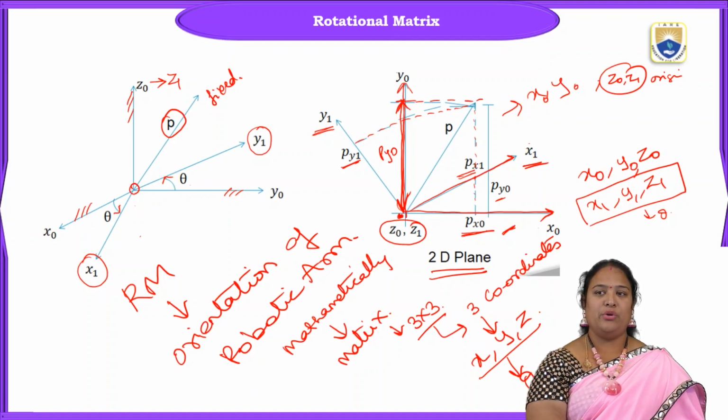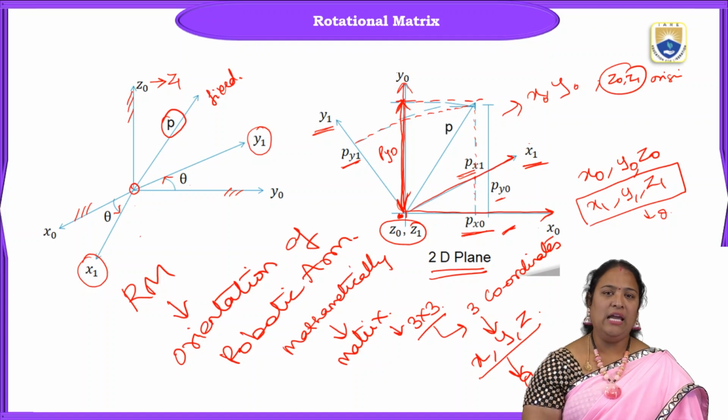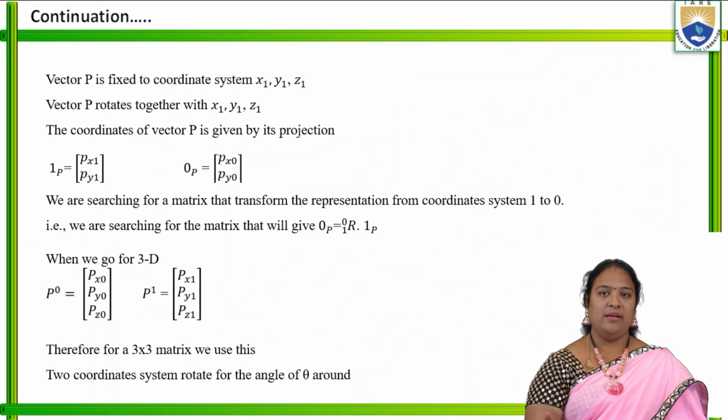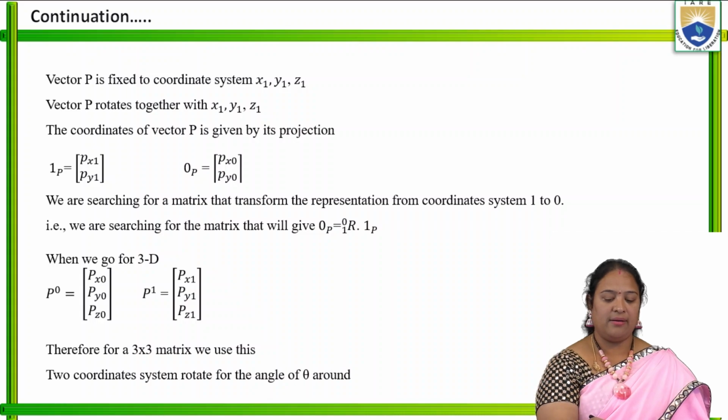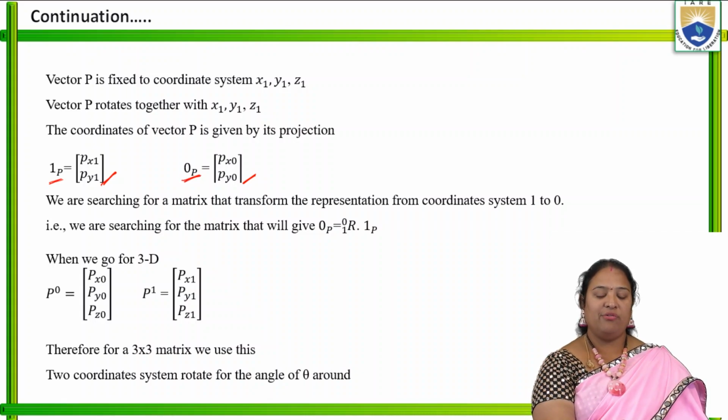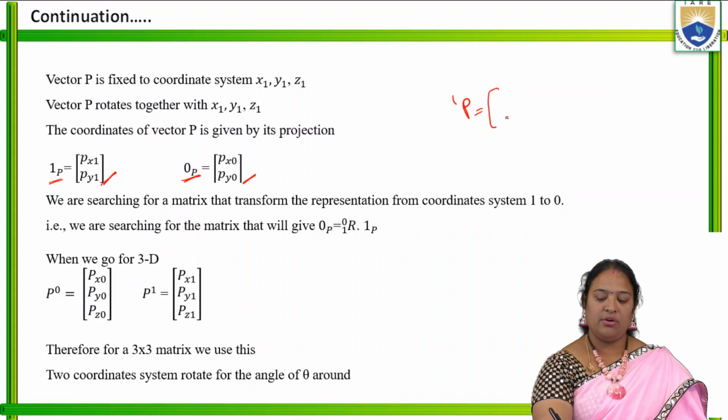Now, for this two-dimensional matrix, how do we write the rotational matrix? For a two-dimensional matrix, we write the vector for frame 1 as p superscript 1, which is equal to px1, py1.